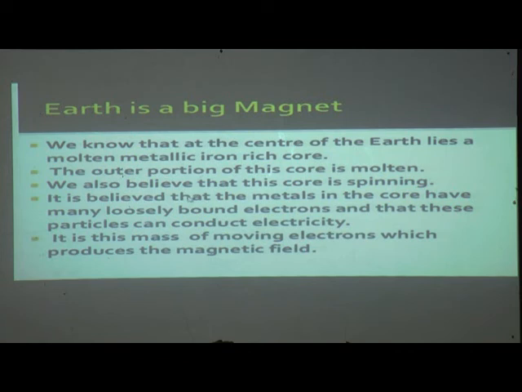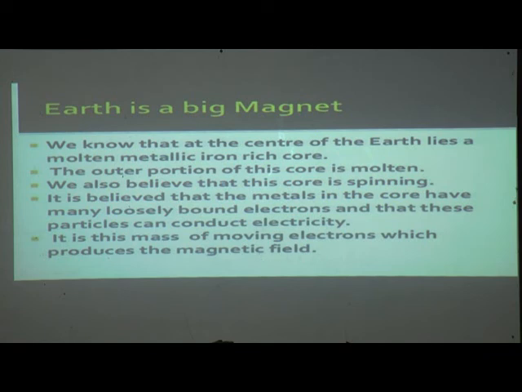The electrons from these metals are loosely bound, so these particles can conduct electricity. It is this mass of moving electrons which produces the magnetic field.